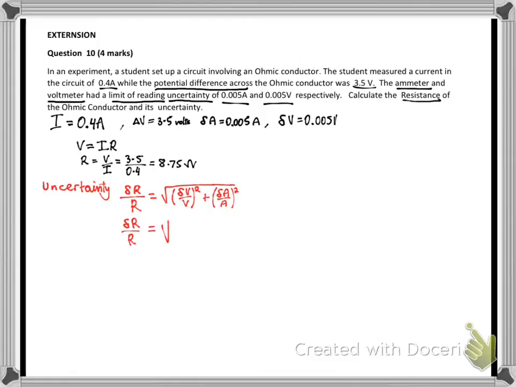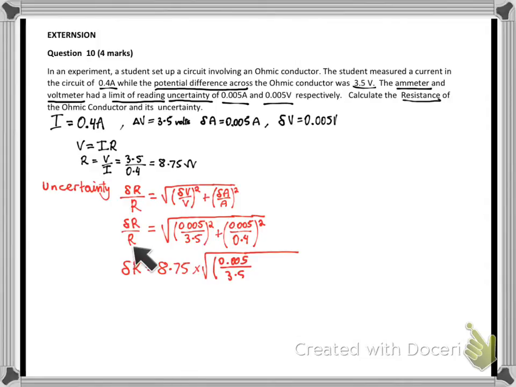Okay, so we substitute our values in. There it is, and this gives us the error in the resistance as a fraction of its total resistance. So all we have to do now is multiply by R, its resistance, 8.75, times the square root part.